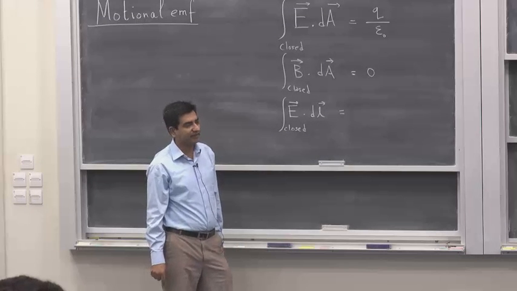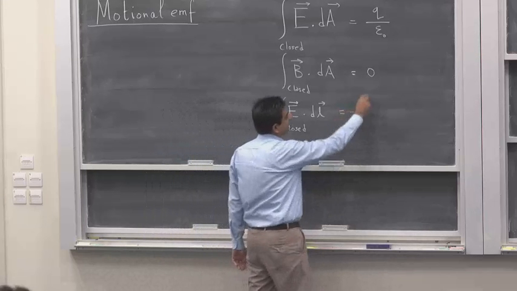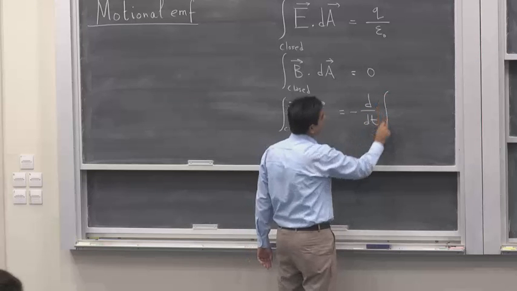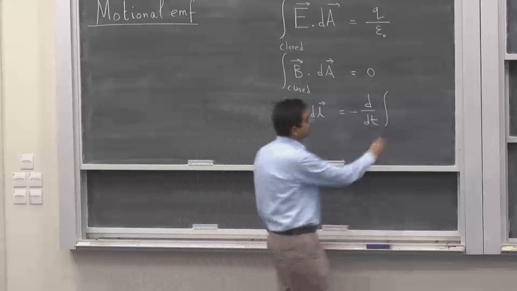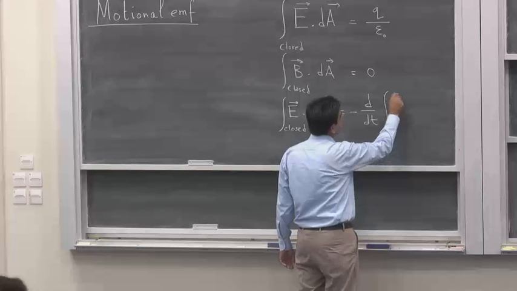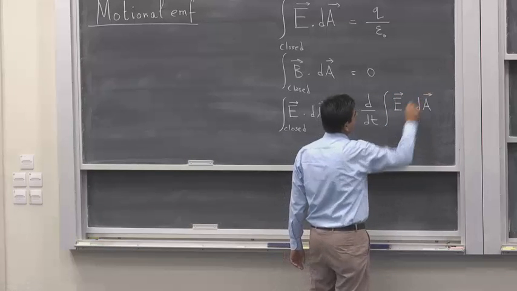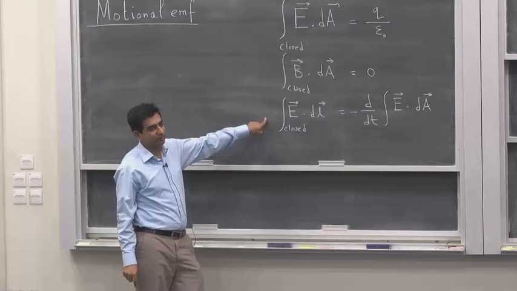So what is the right hand side? The right hand side is minus the time derivative of the magnetic flux through an area that is bound by this closed path, and that magnetic flux is B dotted with dA. So this is the complete form of Faraday's law.